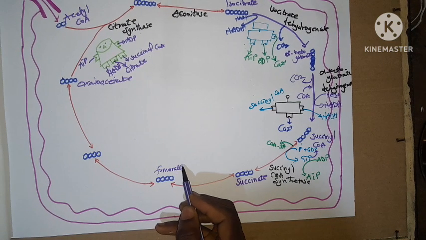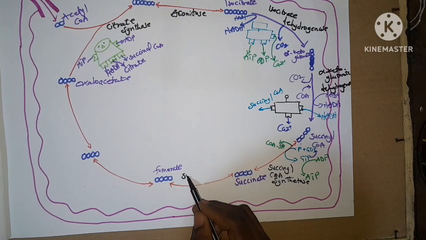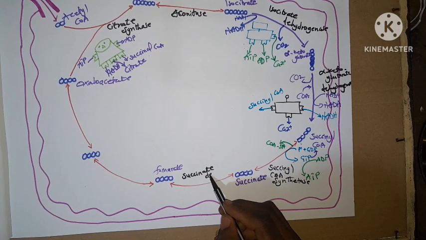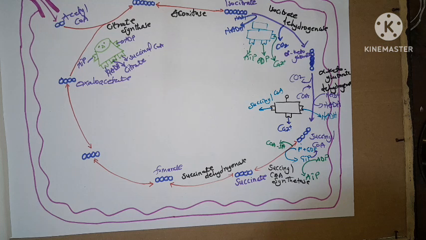And the enzyme that catalyzes this reaction is known as succinate dehydrogenase. That is going to convert this succinate molecule to a new molecule known as fumarate.